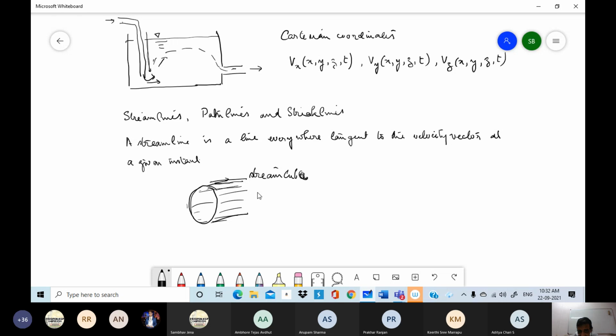Now you never have a velocity normal to a streamline. So therefore, you cannot have any velocity normal to the stream tube. So whatever fluid is enclosed by the stream tube remains unchanged, because no fluid can move across the stream tube.